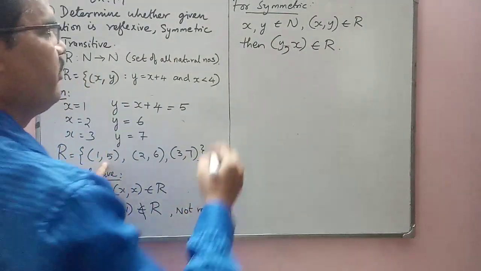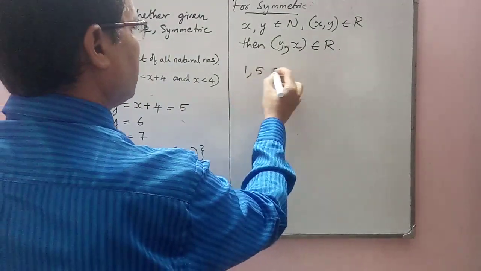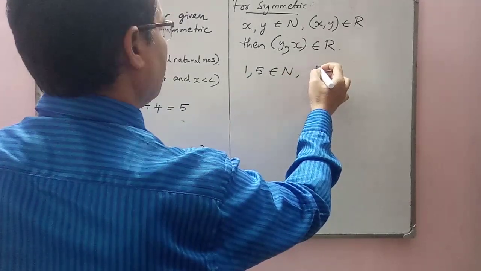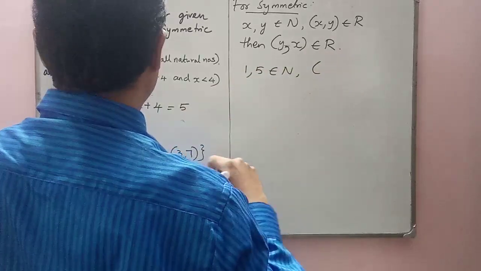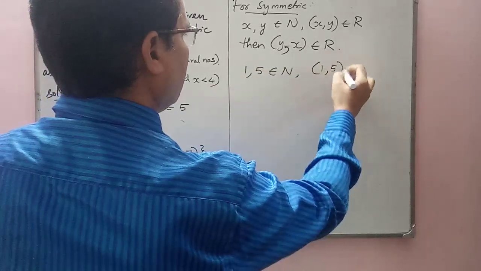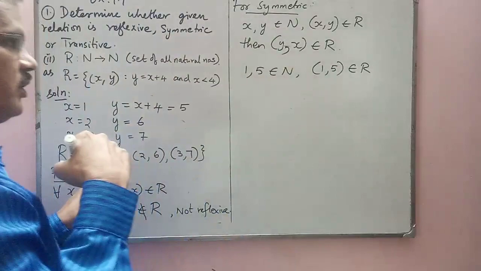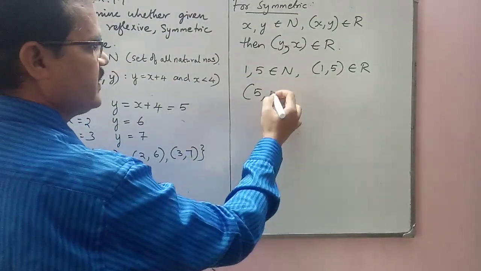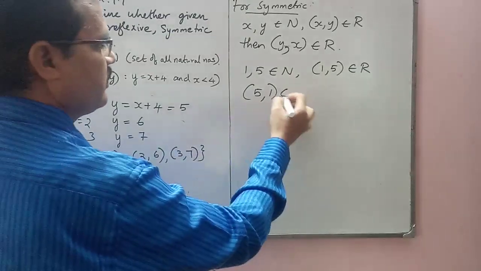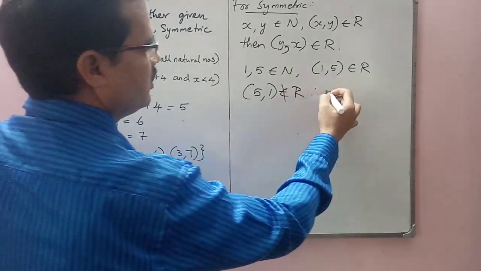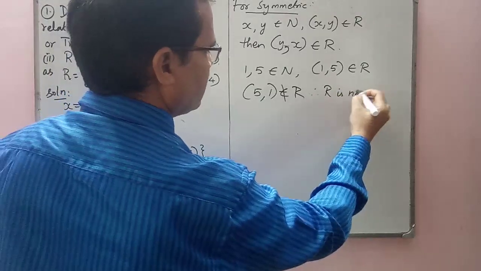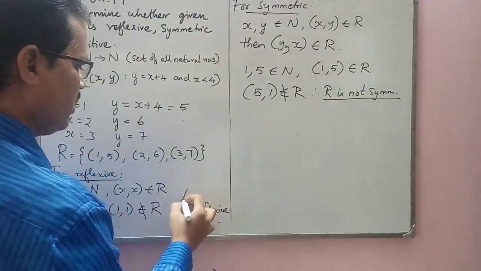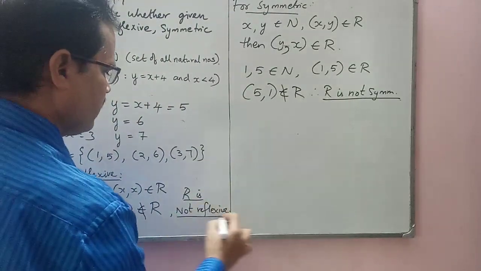So let me take (1, 5). Of course they are all natural numbers. (1, 5) belongs to R, yes it is present. Now can you see (1, 5) is there, but (5, 1) is not there, so it does not belong to R. Therefore this relation R is not symmetric.